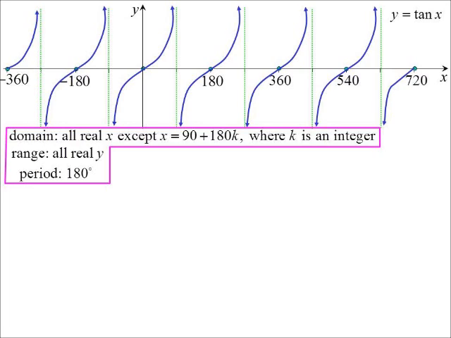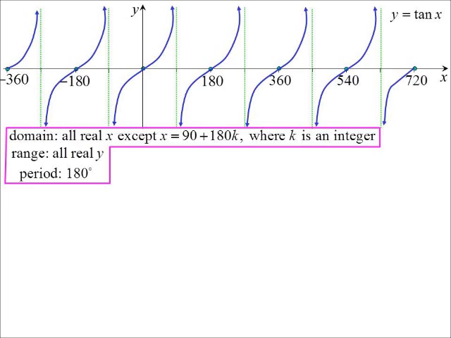In fact, there would be an infinite number of them if you think about it. So it would take a very long time to list them all. So we generalize it. So basically, I'm saying every asymptote's at 90, but every 180 degrees before and after, there will be an asymptote. So I'm saying multiples, because I've specified k as an integer. So multiples of 180 before and after, we'll see an asymptote. So that's how I write the domain.